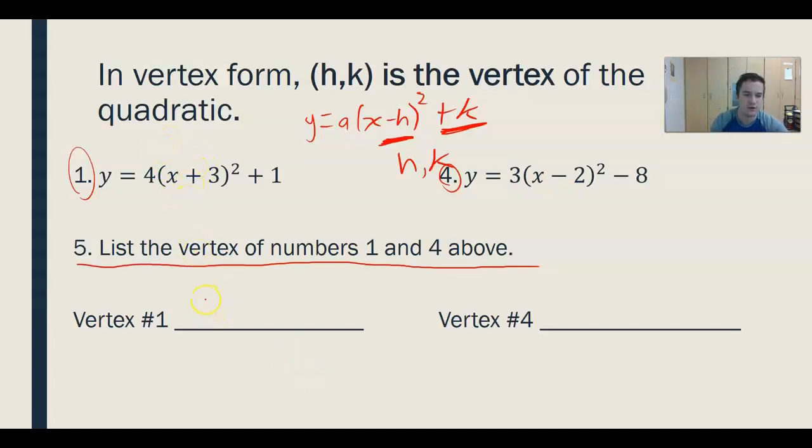For number 1, the vertex would be negative 3, positive 1, because it's the opposite of this number and the same as this number. The vertex of number 4 here would be the opposite of negative 2, so positive 2, and then the same as this number, negative 8. So the vertices of those quadratic graphs would be at negative 3, positive 1, and 2, negative 8.